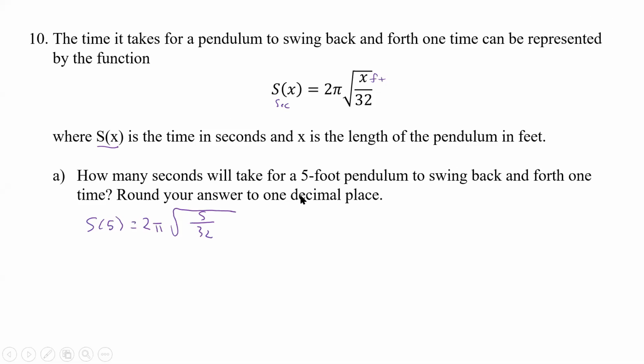They want it to one decimal place, so this is equal to 2.5, and it's in seconds. So s of 5 is equal to 2.5 seconds. Again, plugging in, simplifying, and using your calculator, all of that's pretty easy.